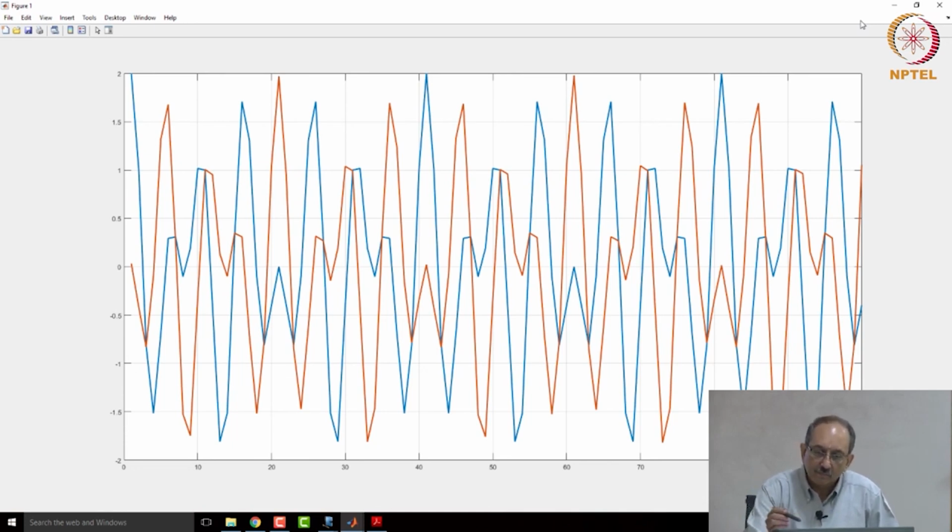For example, if you notice here, you have something that is here and then it is coming down, whereas from here it is going up, right. So, it is really not.